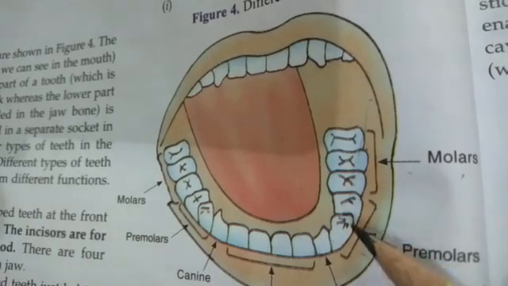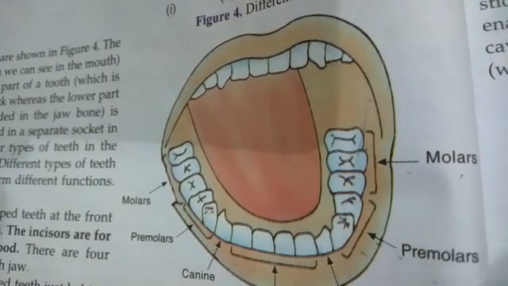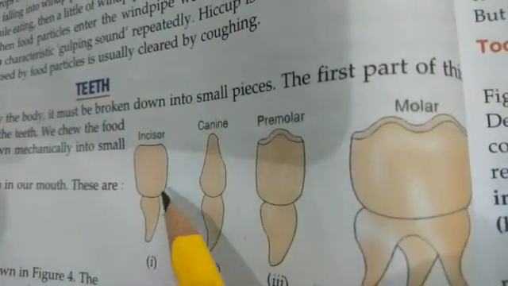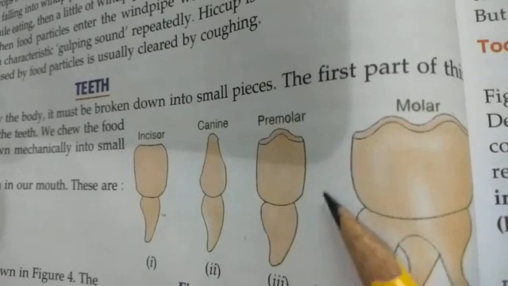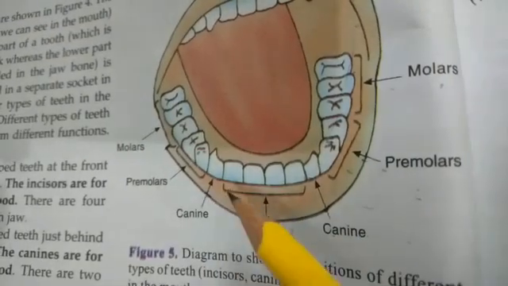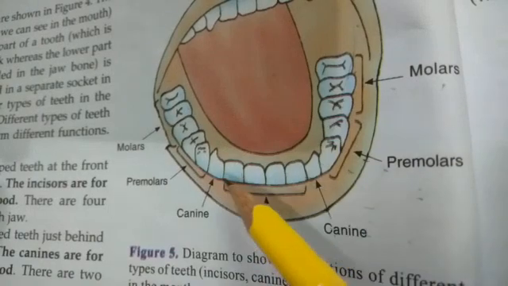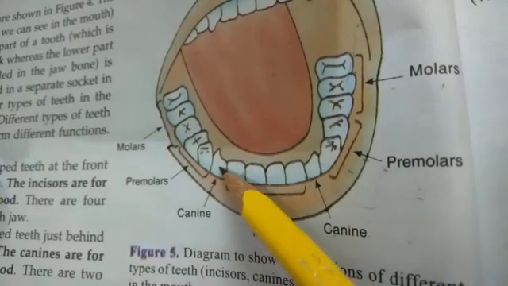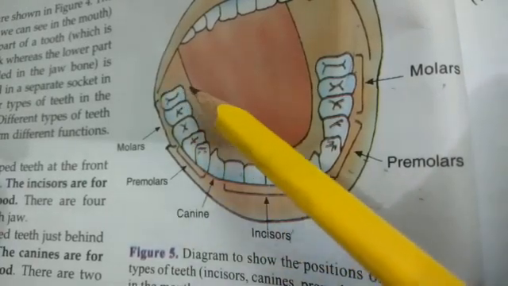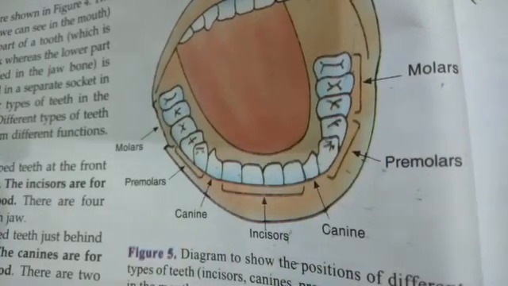Permanent set is 32 in number. And the different types of permanent teeth are what? Incisors, canine, premolars, molars. See their locations: incisors at the front, and adjacent to incisors canine, after then premolars, then molars.